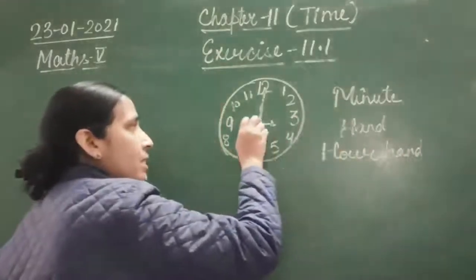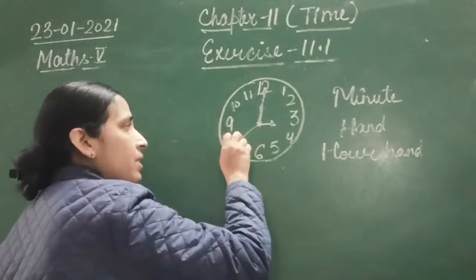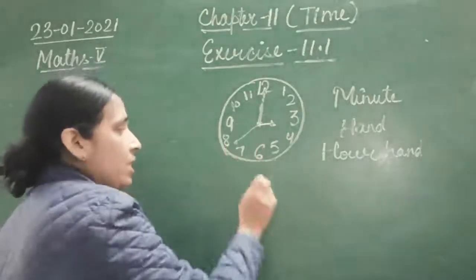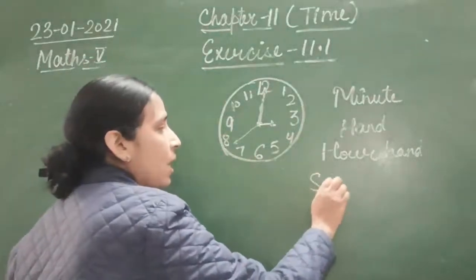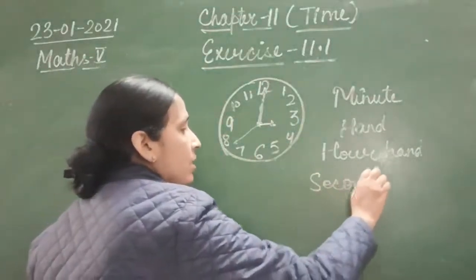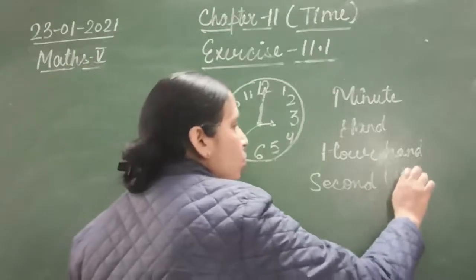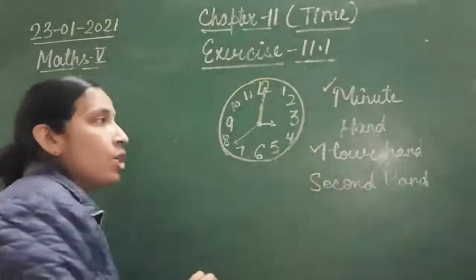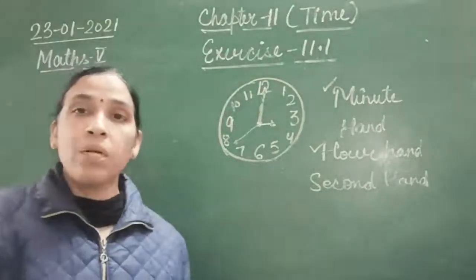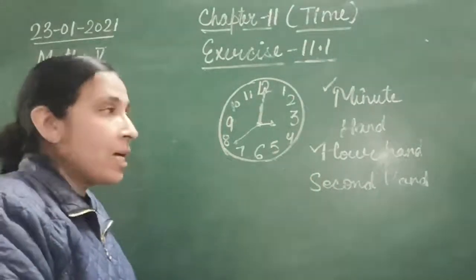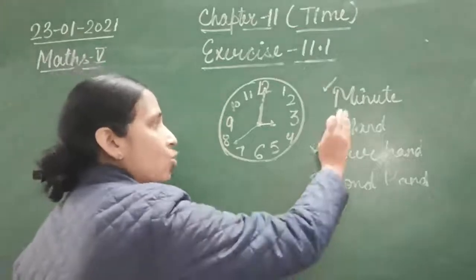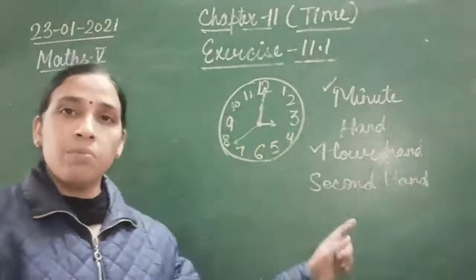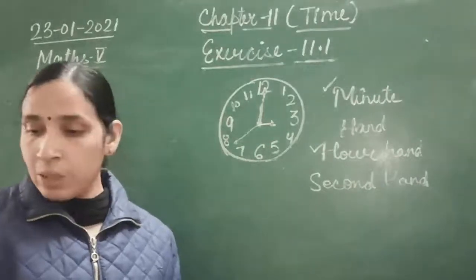Then one more hand is there, a little bit thinner. You can see that is the second hand. Mostly we take these two hands, minute hand and hour hand, to represent any time. So I'm not going to go further into that.